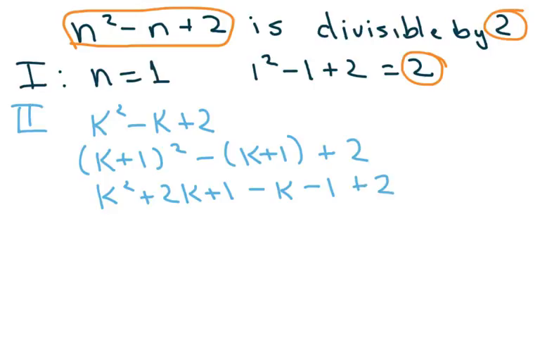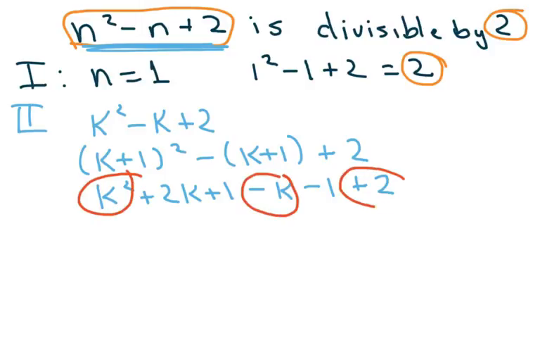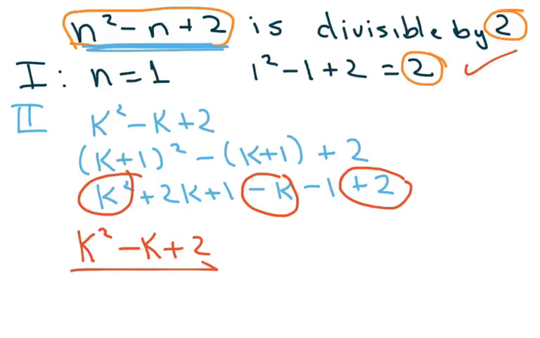So now can I write anything that looks like this? So I have a k squared here, a minus k here, and the plus 2 here. So I'm going to copy that down, k squared minus k plus 2, because I already know that's divisible by 2, because we already said it was. We already checked for n equals 1. What I'm left with is these 3 pieces. And all that is plus 2k, because the 1's will cancel.